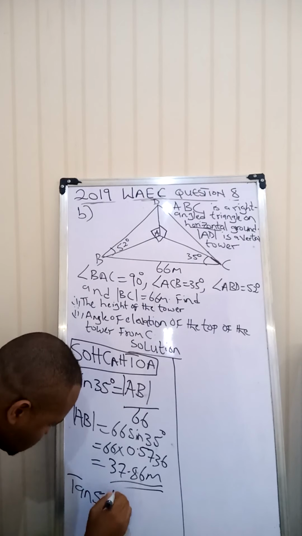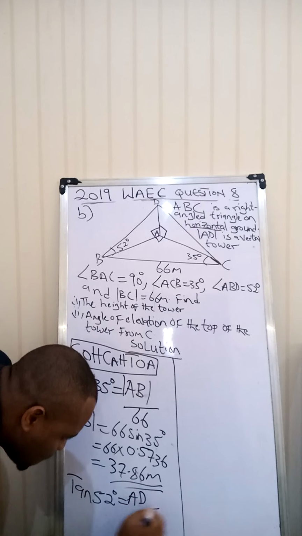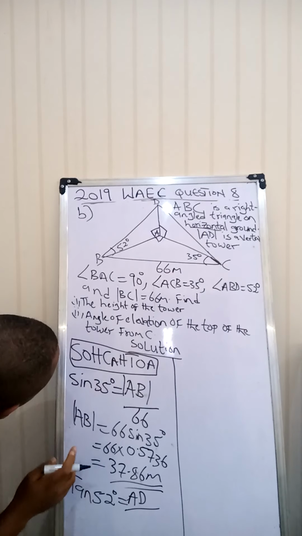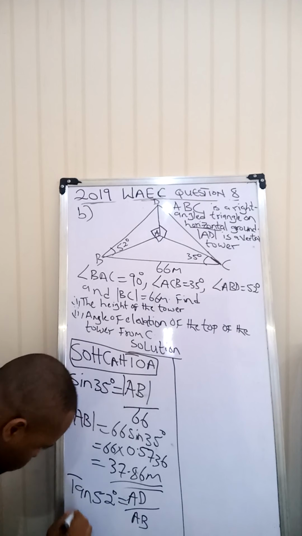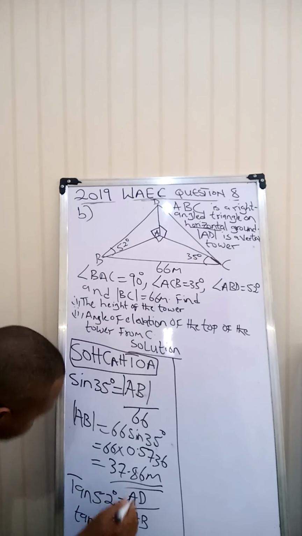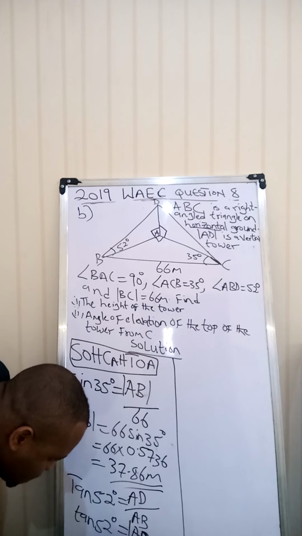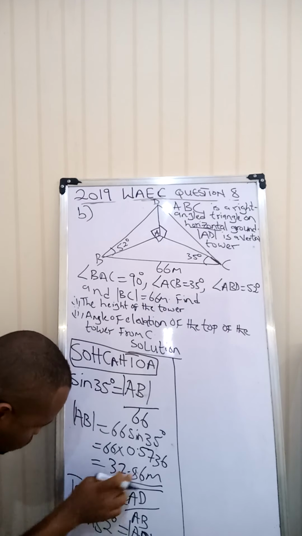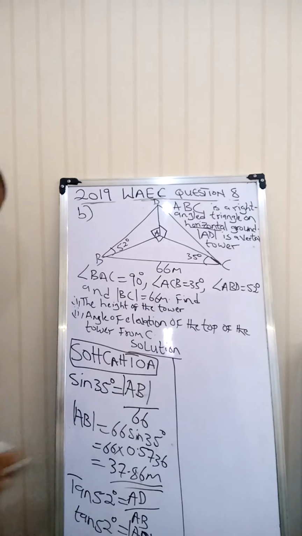So I'll be having tan 52 degrees equal to opposite, which is AD, what I'm looking for, all over adjacent, which is AB, what we solved for, which is 37.86. Let's continue here.